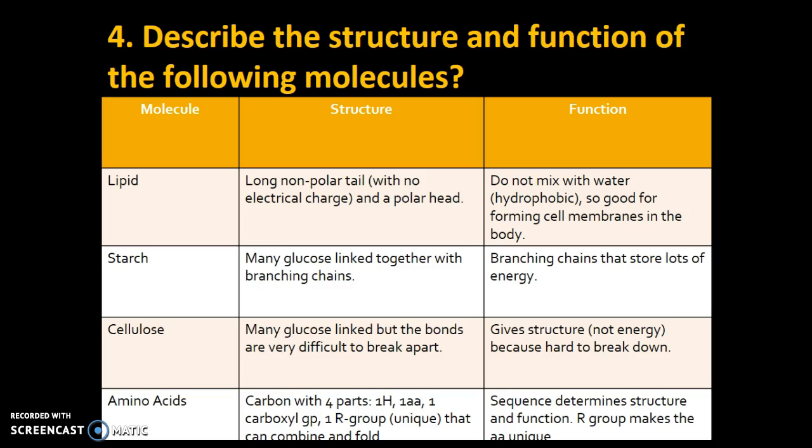And that R group is going to be what makes each amino acid unique. Again, pause if you need to write these things down. If you don't remember what these things mean, you need to go back and study it and look at it. What do you know about this stuff and what do you need to still find out?